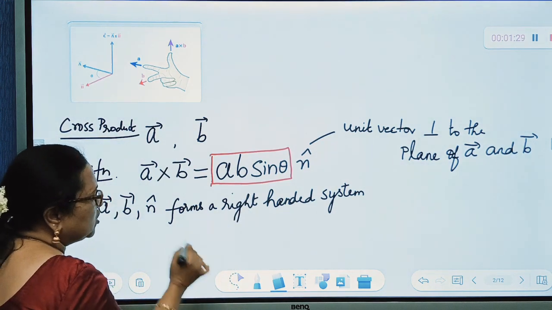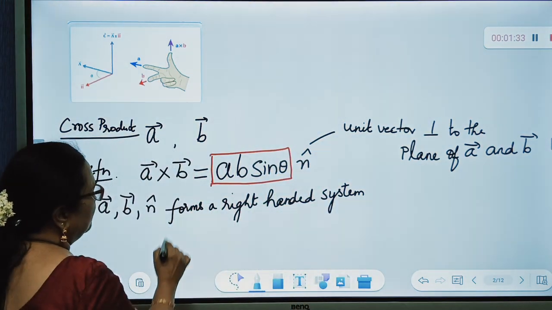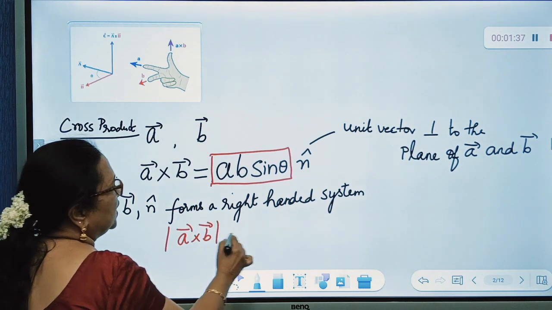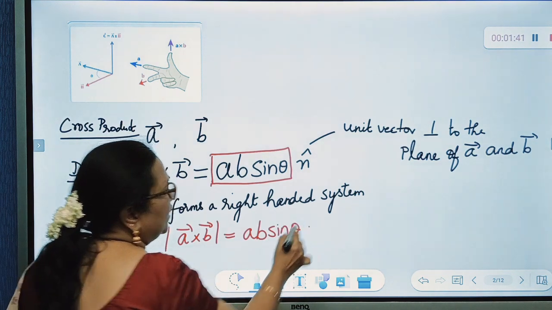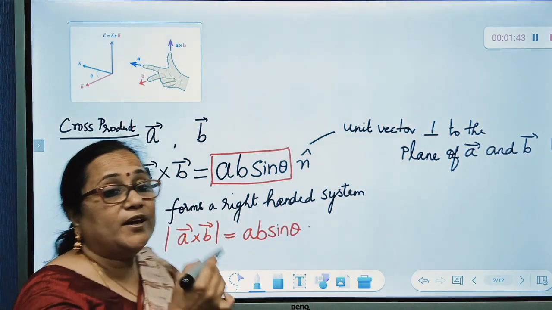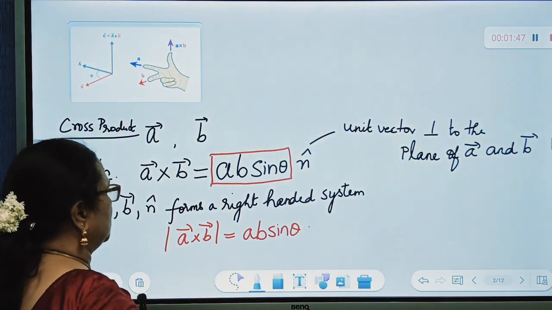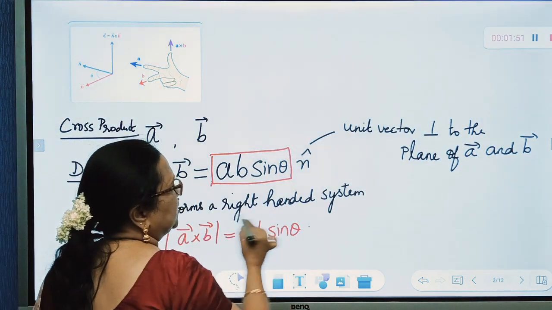So, modulus of A cross B, which is the magnitude of the vector, is AB sin theta. Any vector has a magnitude followed by a unit vector along the direction. So this is the unit vector along the direction, and the magnitude of A cross B is AB sin theta.